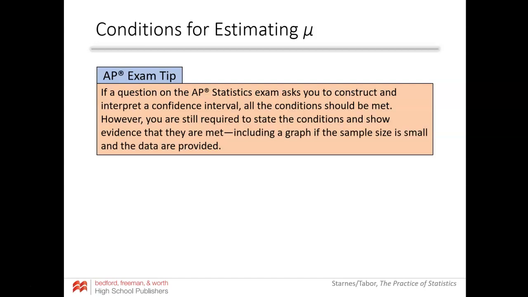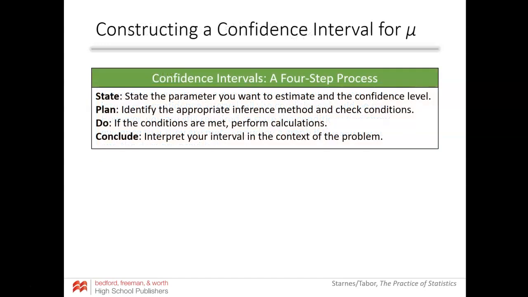And that includes the fact that if I don't meet the large sample condition, I have to give a graph of the sample distribution and show that it was normal looking, or at least doesn't have outliers and significant skew. That seems like a time-consuming process, doesn't it? That is why they only give you 6 free response questions, guys, because they can take a long time.